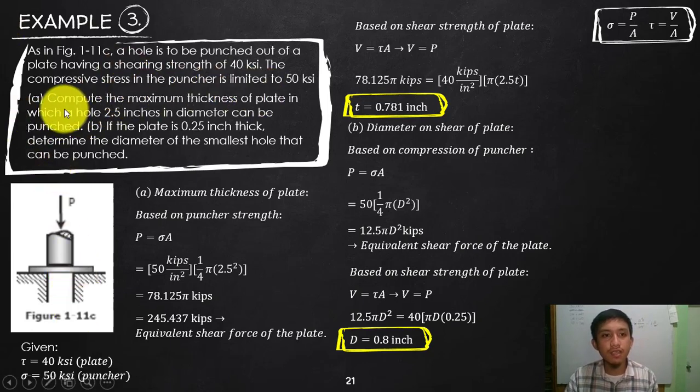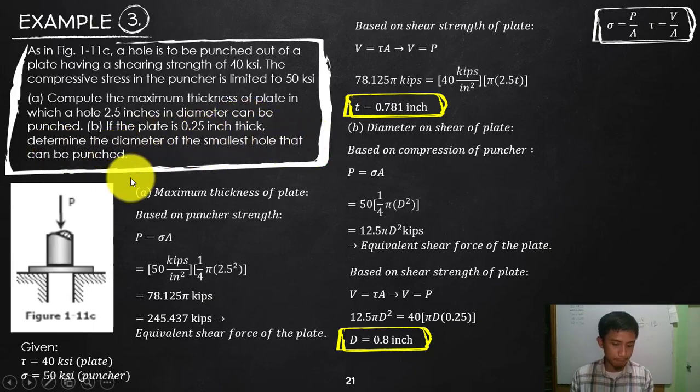The question there is, compute the maximum thickness of the plate in which a hole 2.5 inches in diameter can be punched. So that is our first problem. Second is that if the plate is 0.25 inch thick, determine the diameter of the smallest hole that can be punched. Let's try to understand this one.